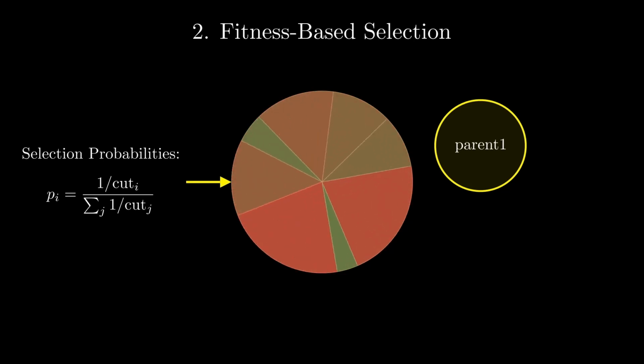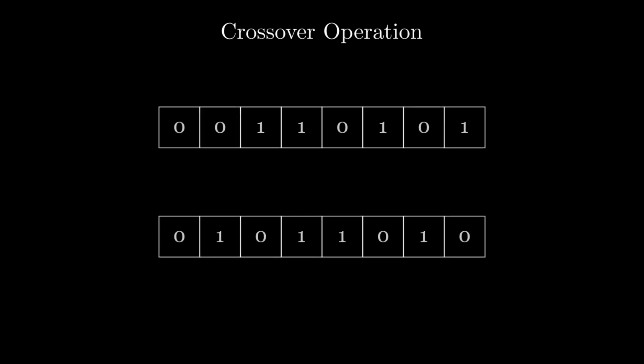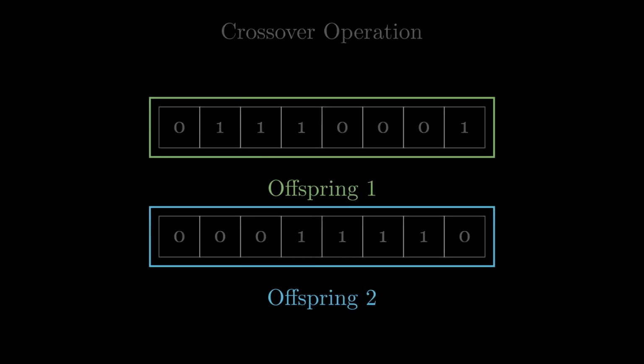These probabilities form a roulette wheel distribution, where individuals with lower cut values have a higher chance of selection. For each differing node, the crossover operator calculates an impact factor and sorts these nodes in ascending order, giving priority to those with a lower or negative impact factor. A fixed number of these nodes are then exchanged between the parents.